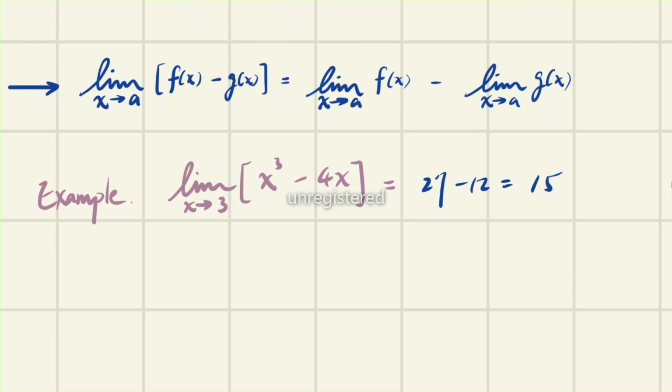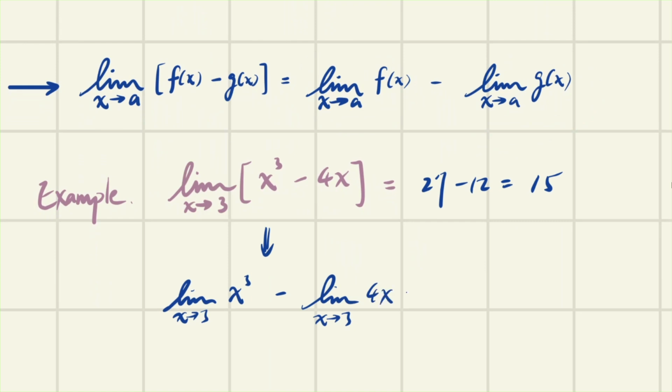But then let's separate them first. We get the limit as x approaches 3 of x cubed minus the limit as x approaches 3 of 4x. Then we plug x equals 3 inside, and we get 27 minus 12, which is the same thing, 15.